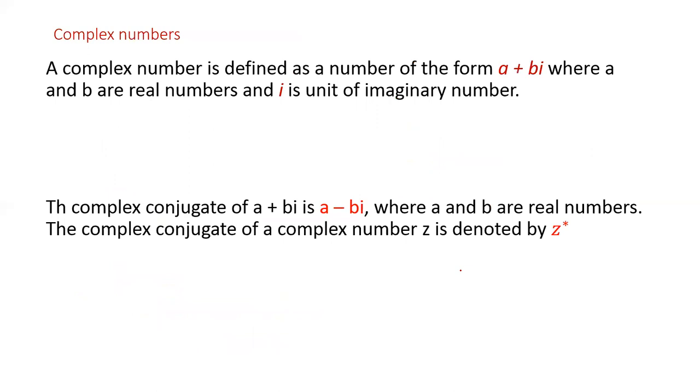Next, complex numbers. Just now I have explained the imaginary numbers. Imaginary numbers: i equals square root of negative 1, or i squared equals negative 1. So a complex number is defined as a number of the form a plus bi, where a and b are real numbers, while i equals square root of negative 1, of course.